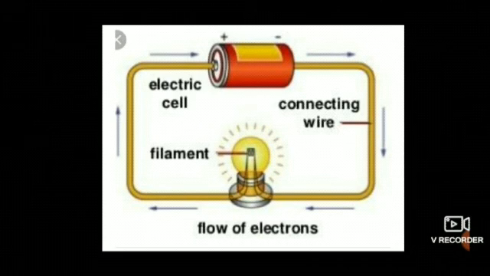And the third thing is an unbroken loop of wire running from one terminal to the other terminal through various appliances, because if the wire is broken, then the current will break. That is why an unbroken loop of wire is essential to flow electric current in a conductor.